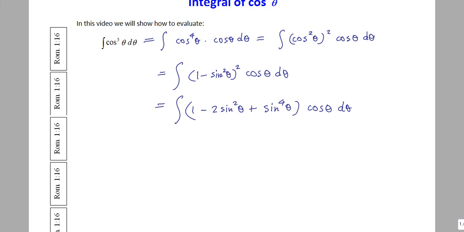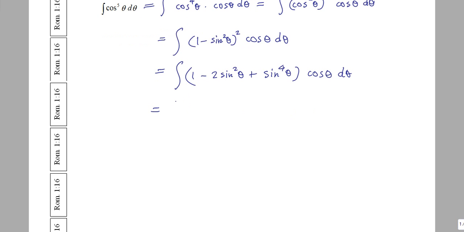And I'm just going to go ahead and write all of these the following way. I'm going to say this is the integral of 1 minus 2 times sine of theta squared plus sine of theta to the fourth power. Okay, that entire expression times cos of theta d theta.